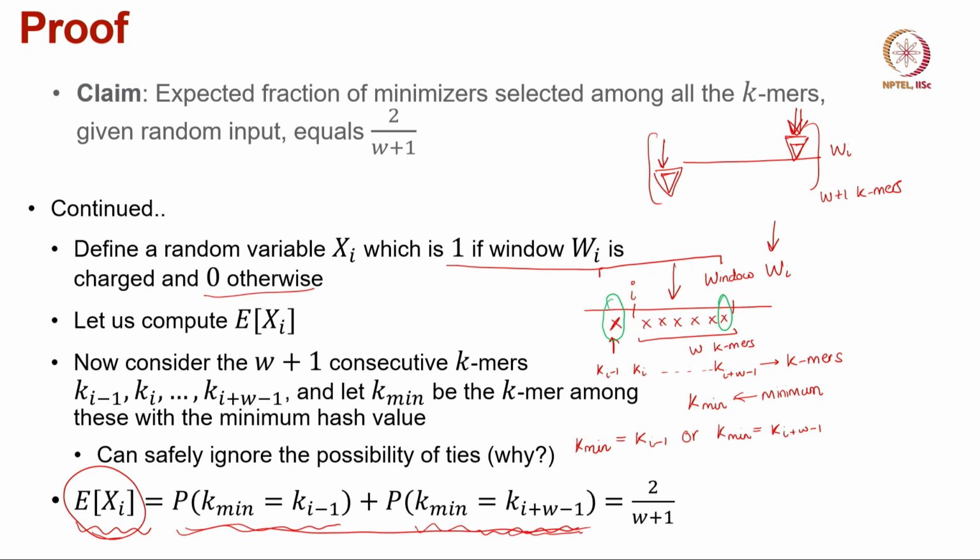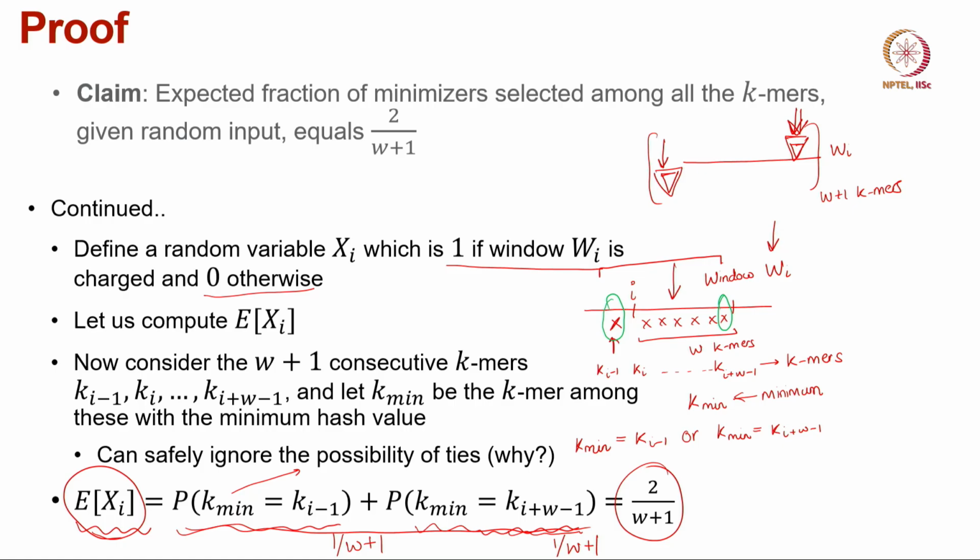Because we are using a random hash value and there are w plus 1 k-mers, this will happen with 1 by w plus 1 probability, and this will also happen with 1 by w plus 1 probability, because we have w plus 1 k-mers. So, any k-mer being the minimum hash value has probability 1 by w plus 1. Adding these two terms we get the factor 2 by w plus 1.